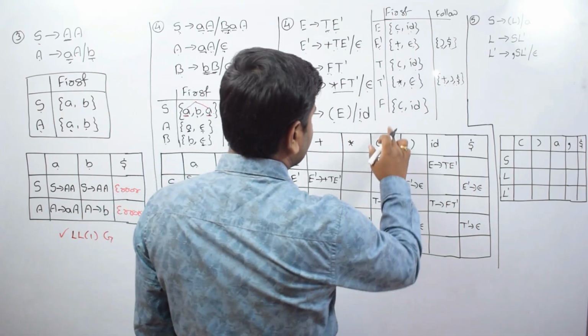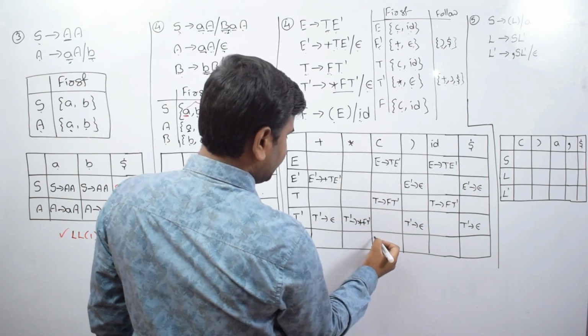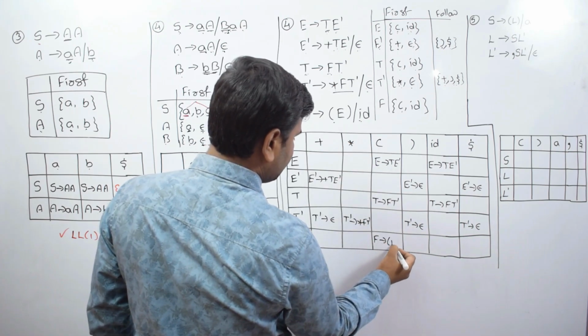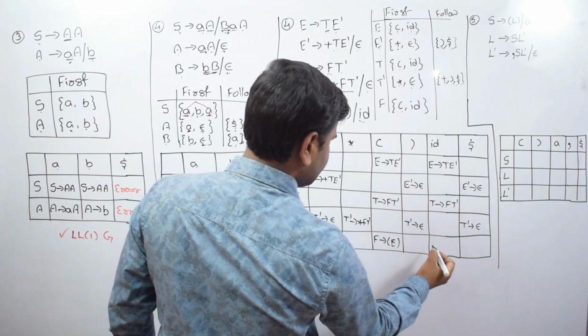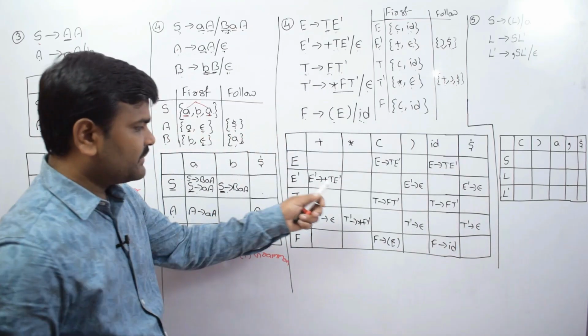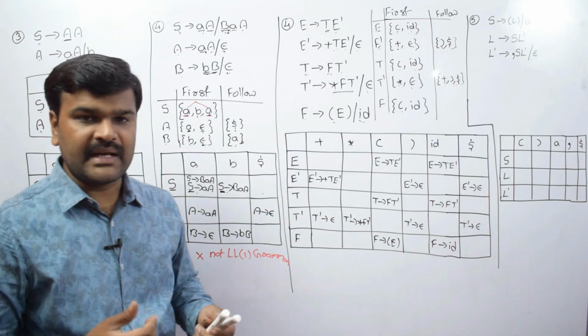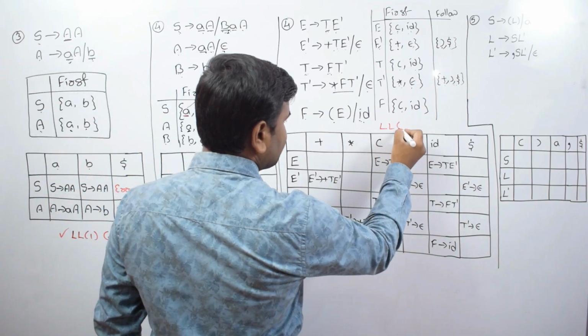Okay. Then next, if you come to F, open brace, so this one F arrow, this is straightforward. Then under ID, from this production we got it, so F arrow ID. So, the parse table doesn't have any multiple entries, so this will become LL1 grammar.